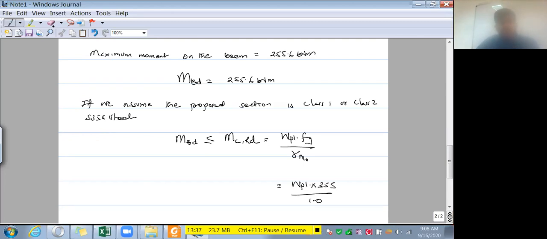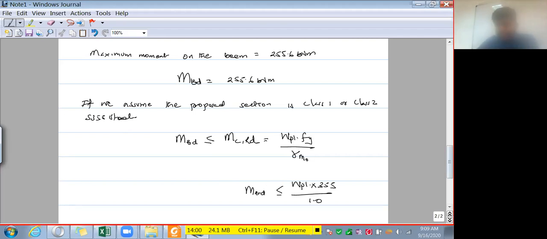So that should be greater than or equal to MED. So if you substitute MED value, then you can obtain WPL.